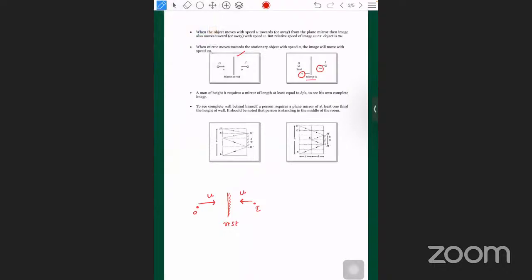Related to this, you have to remember two more concepts. For example, you are standing in front of a mirror. Suppose your height is h.